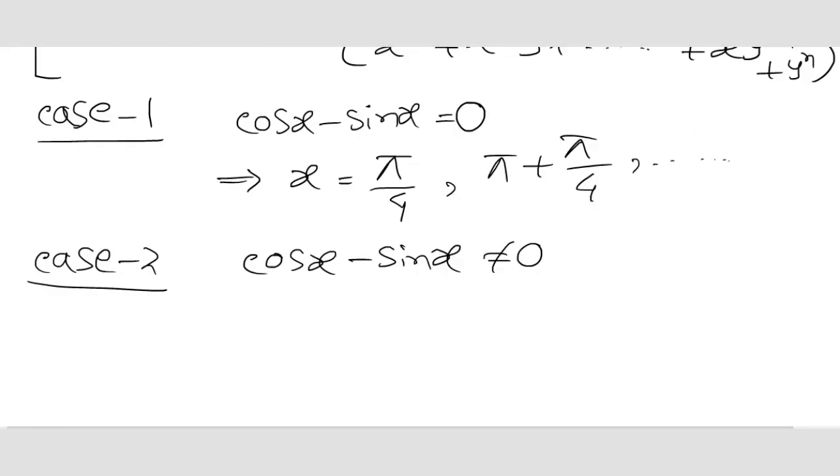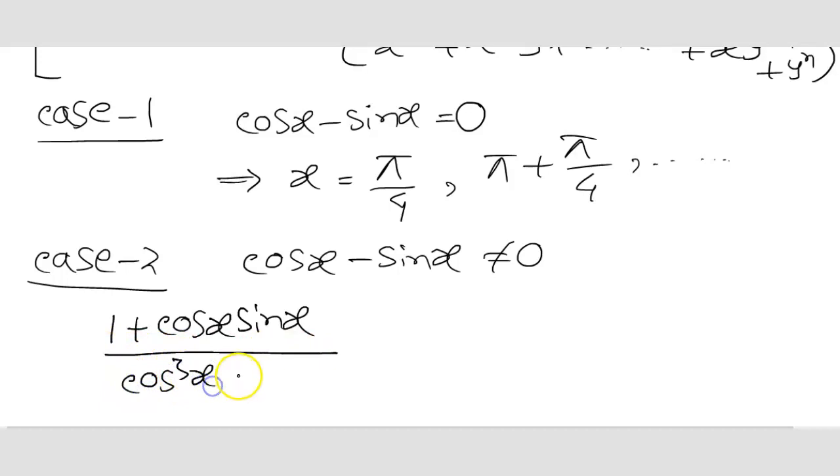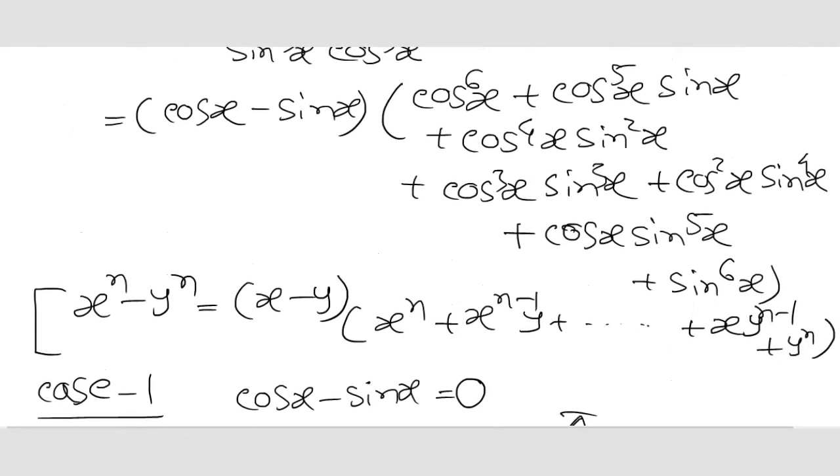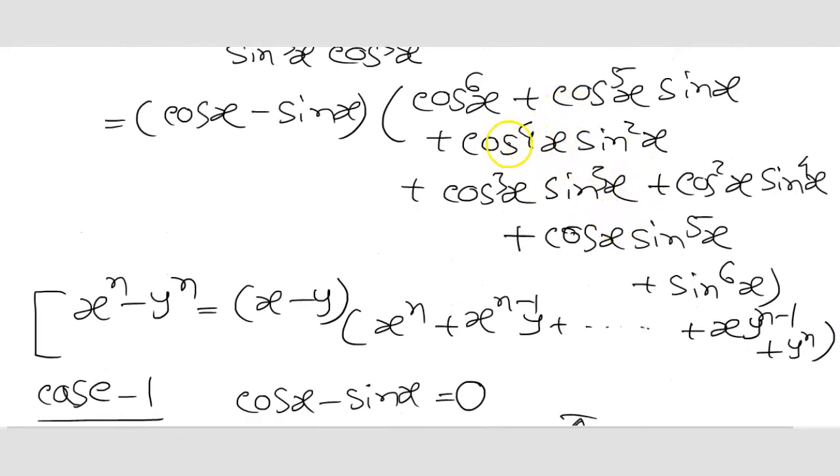So let's make it simple. It is simply 1 plus cos x sin x divided by cos cube x sin cube x, and all those things say p, and here p stands for this whole part, cos to the power 6x plus dot dot dot up to sin to the power 6x, this whole part.